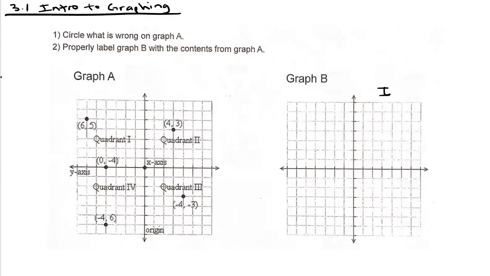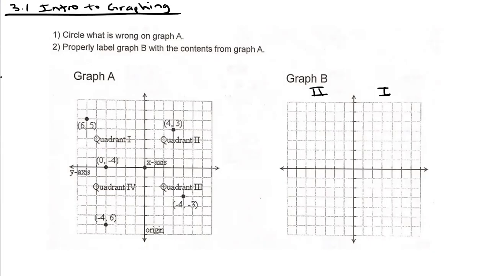Okay, and then where does quadrant 2 go then? Does it go top left, bottom right? Which way? Where is quadrant 2? Not top right. Top left. Good. So quadrant 2 is top left. What about quadrant 3?